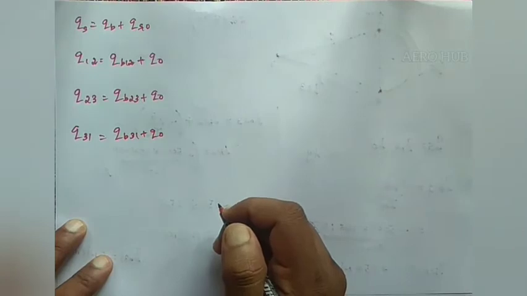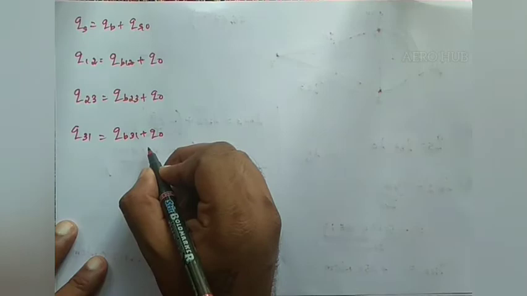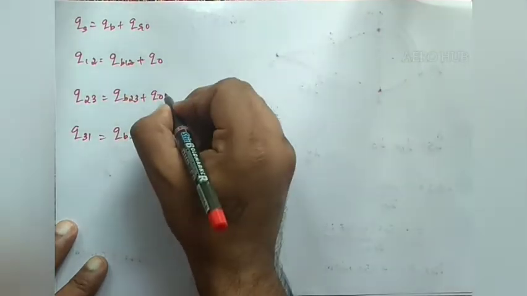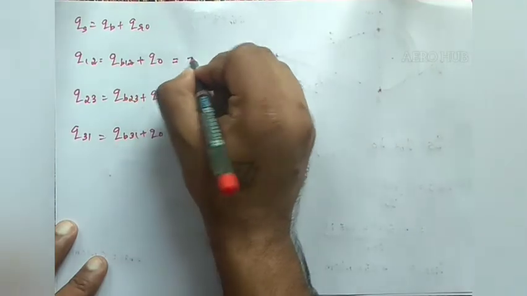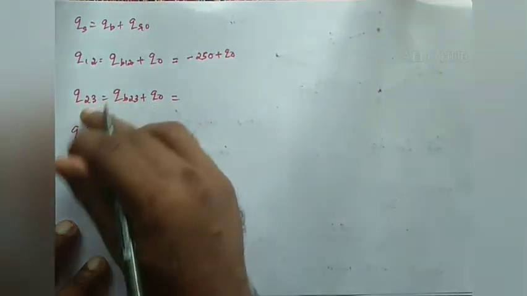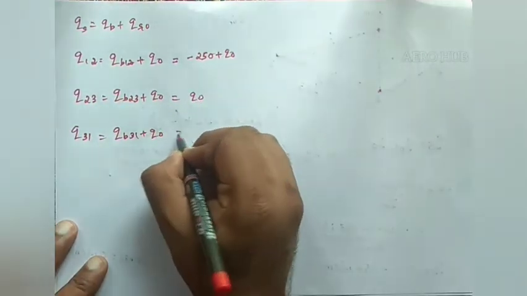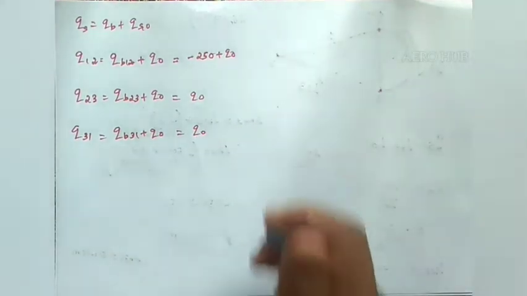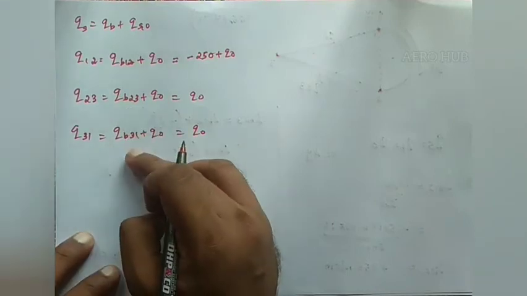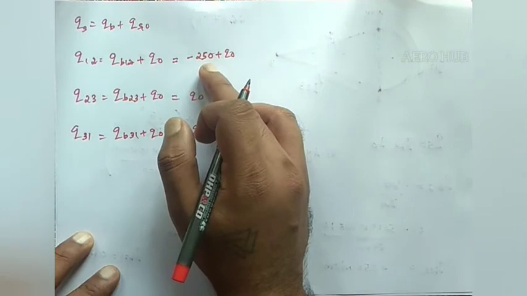Now I have to find out the values of q0. So q12 will be minus 250 plus q0, q23 will be q0, and q31 also will be q0, because qb23 is 0, qb31 is 0, and qb12 is minus 250, found in the previous step.